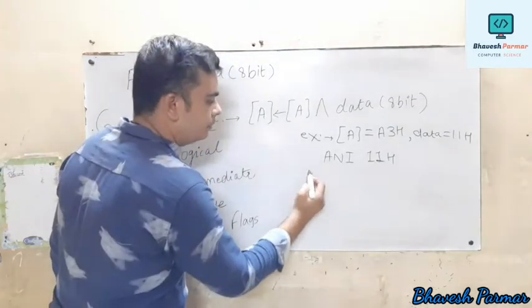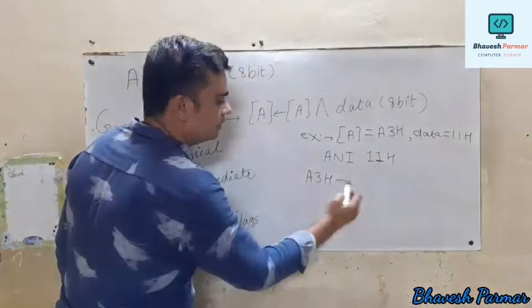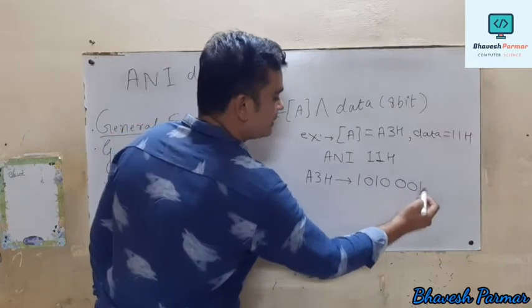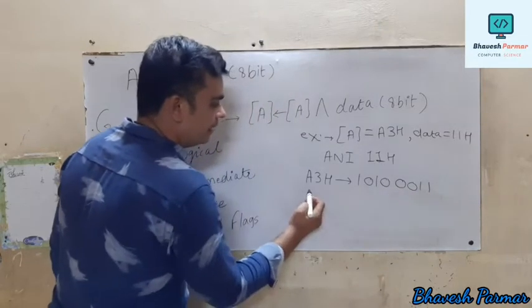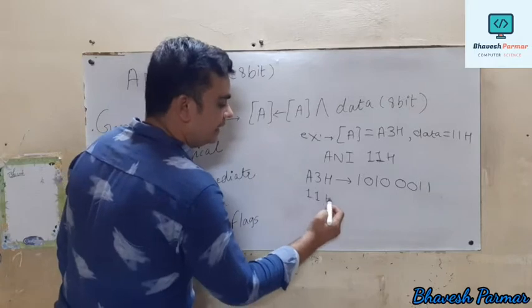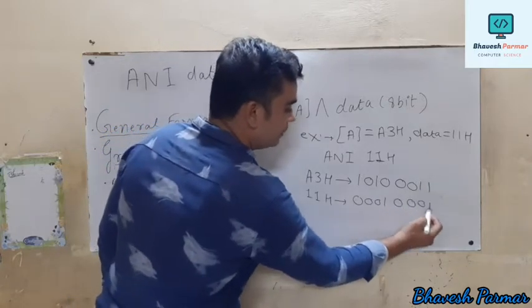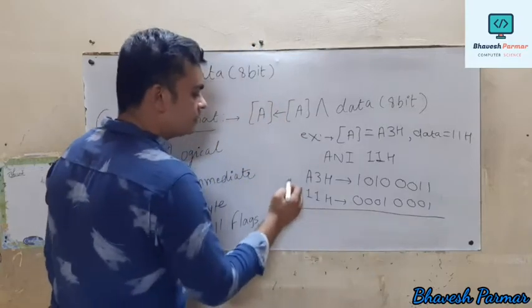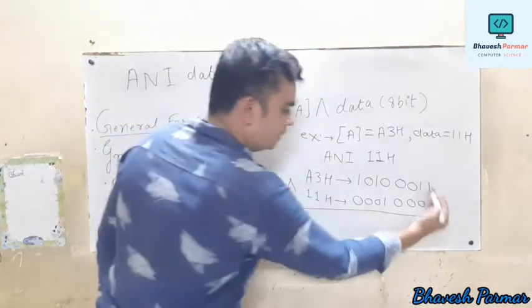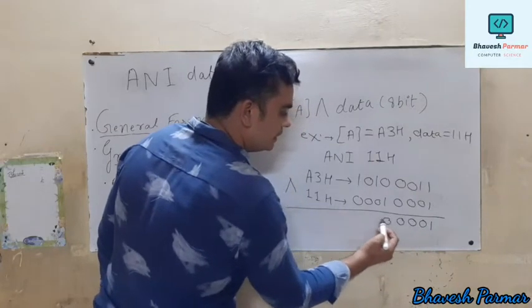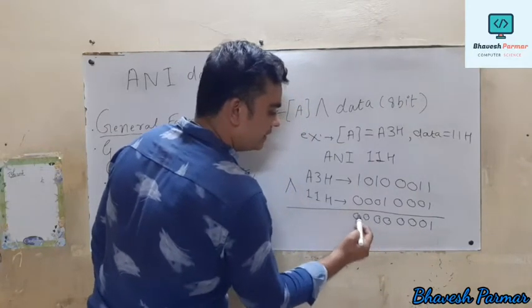First I convert A3H into 4-bit binary form. A means 10, which is represented by 1010, so A3H is 1010 0011, and 11H is represented by 0001 0001. On this I apply the logical AND operation. So it will be 0 0 0 0 0 0 0 1.